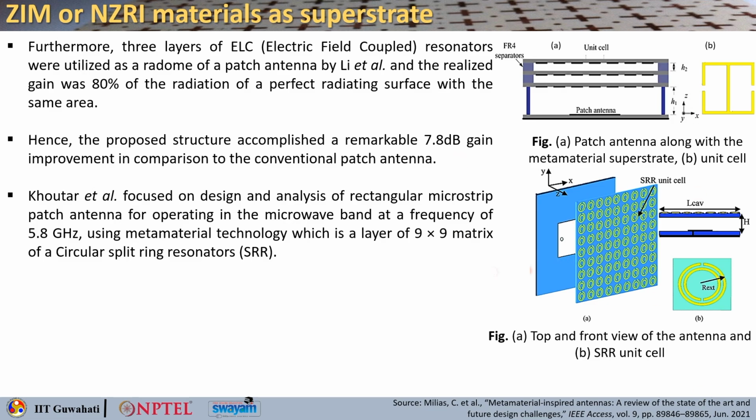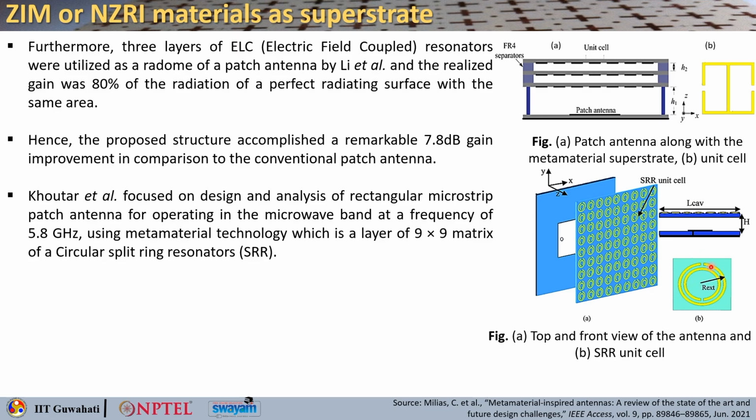Now, there is another design proposed by Kauthar and his group. They designed and analyzed a rectangular microstrip patch antenna operating in the microwave band, and they chose the frequency of 5.8 gigahertz. They used a metamaterial layer, basically a complementary split ring resonator, circular ones as you can see.